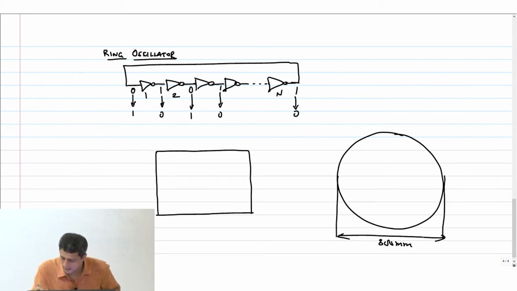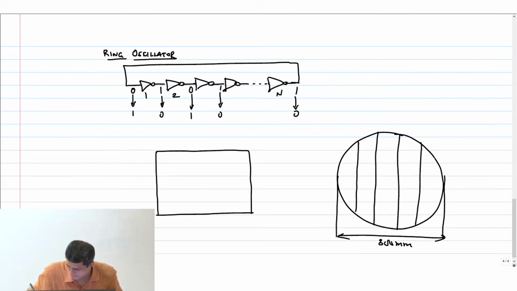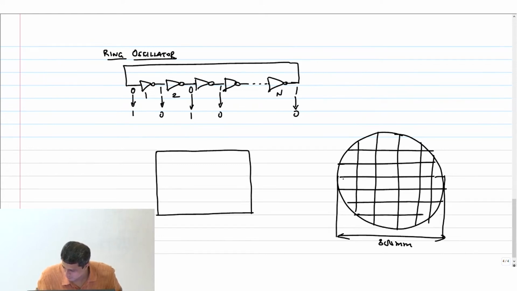On that, you're going to manufacture your chips like this. Each block here is basically a chip. So on a wafer you could have many chips like this.